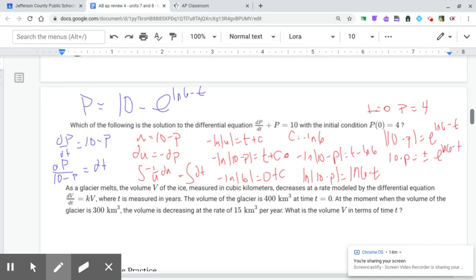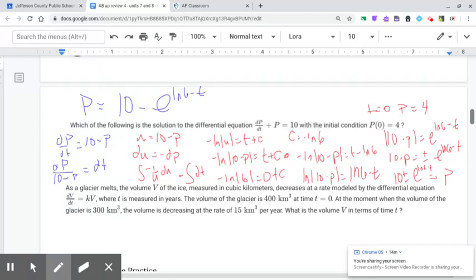If I then move the p over by adding it and subtract or add the e back, then I get p equals 10 plus or minus e to the log 6 minus t. Now that's not a single function, that's two functions, so I need to choose. And at time 0, this is supposed to come out to be 4.